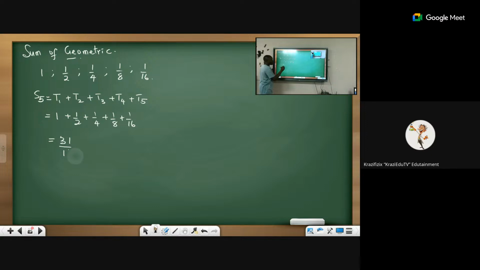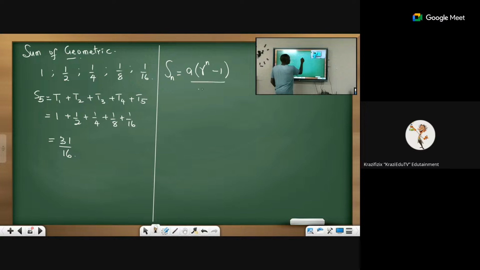All right. I'm just going to rewrite the formula. You're going to substitute. I want us to just use the formula. Here's the formula. Please, I want you to watch this. Sn is a into bracket r to the power n minus 1 over r minus 1.